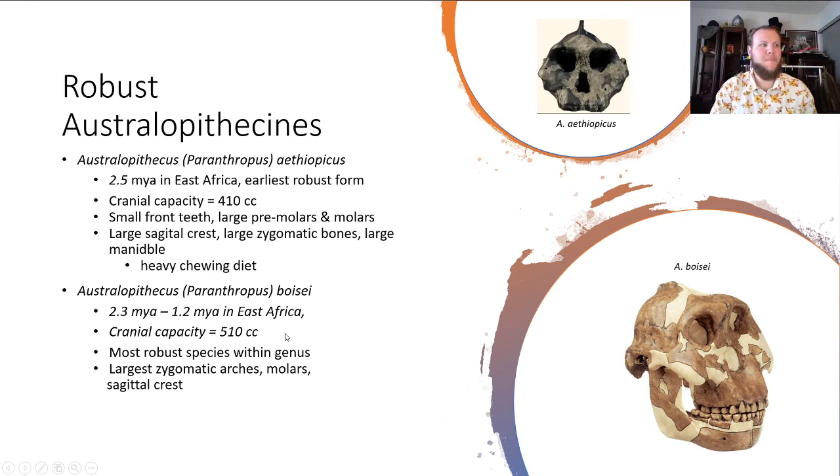Boisei, the next one. And so remember, Aethiopicus and Boisei, these will be on the test. So Boisei is 2.3 million years to 1.2 million years ago. And so they have a larger cranial capacity than Aethiopicus, and they're the most robust of the genus, okay? So they have the largest features.